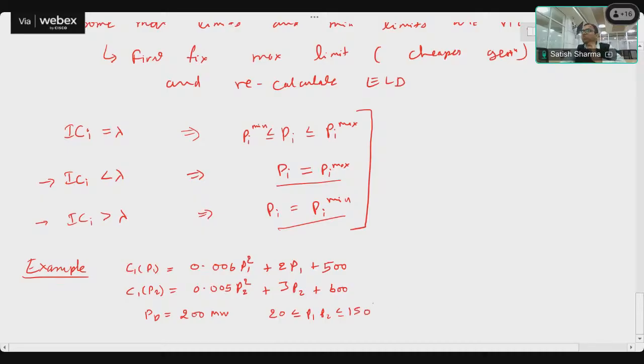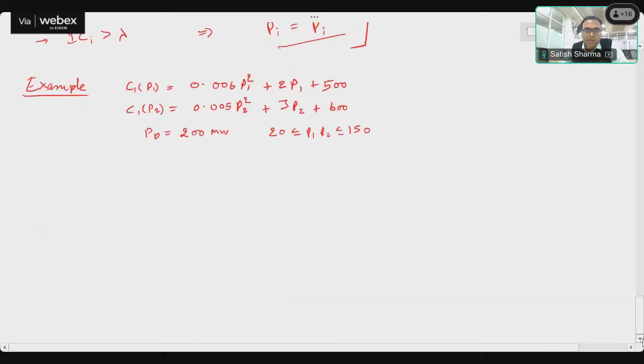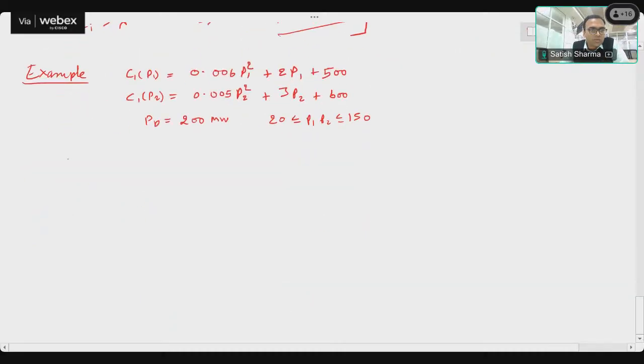So let's assume this is one example, and if we try to solve it, we understood that earlier we wrote down the objective function of cost minimization, subject to a power balance equation and limits on the power generation, P1 and P2. This data is provided here, and then we write down a Lagrangian function.